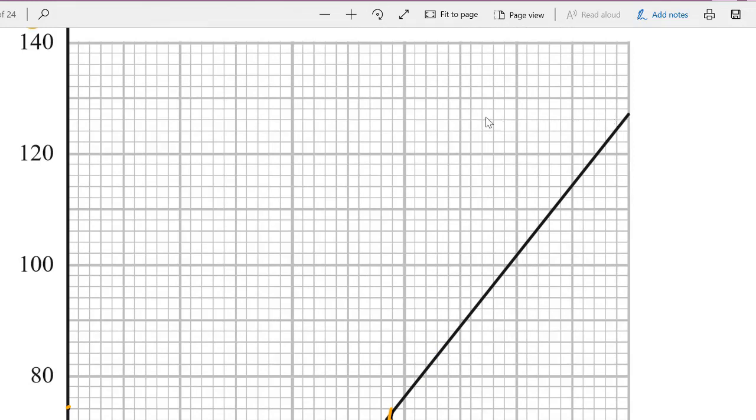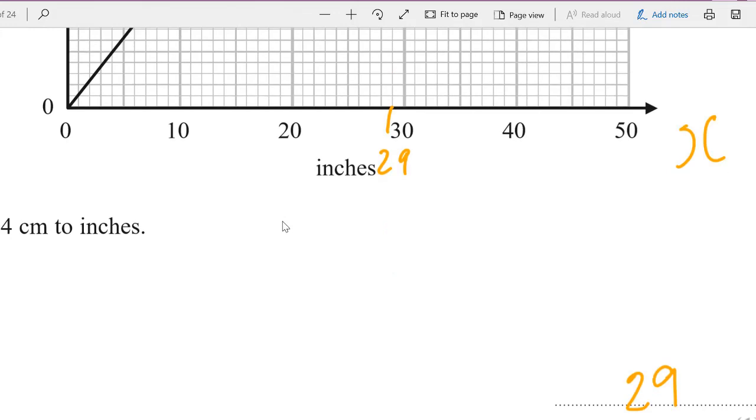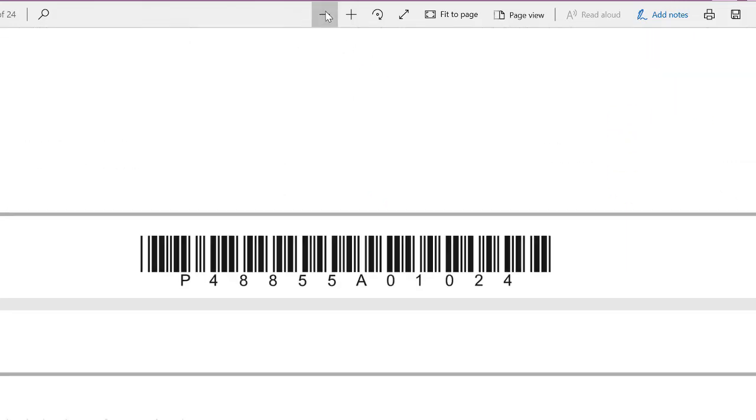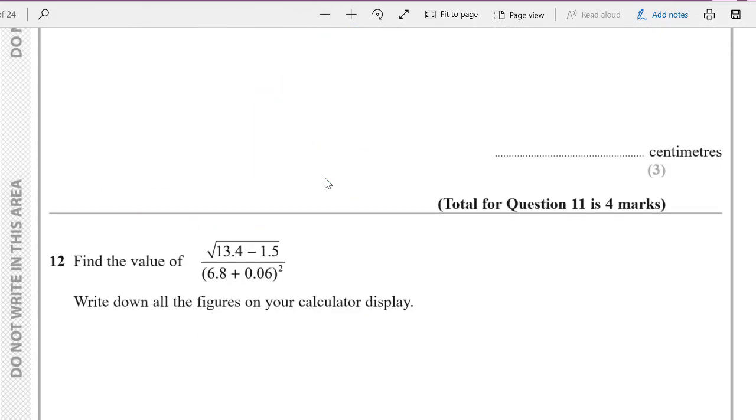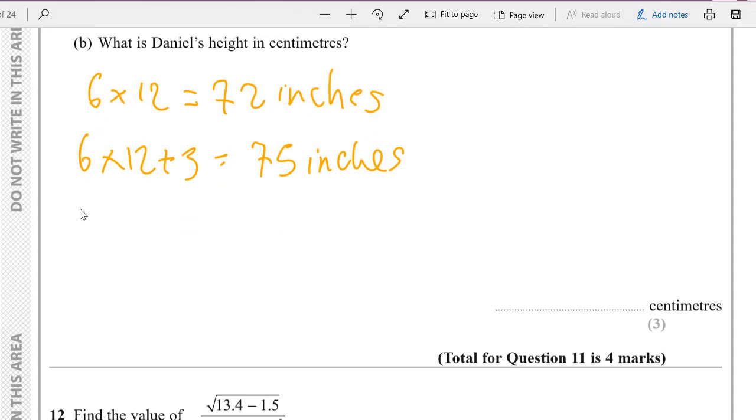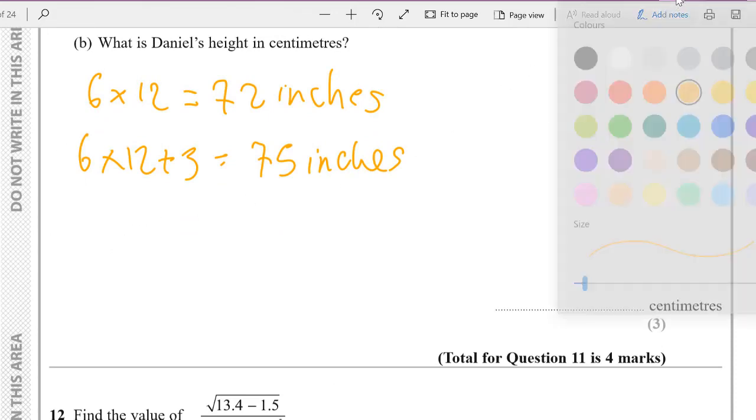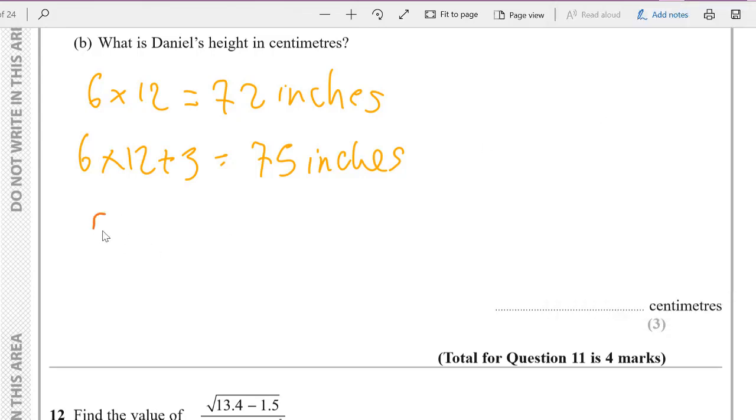So if we go all the way across to the other side, it's going to end up here. So this is 127, there's 126, 128 and 130, so that's 127.